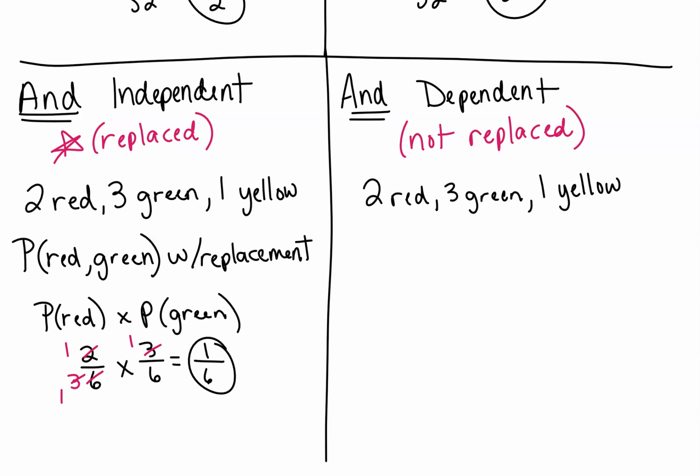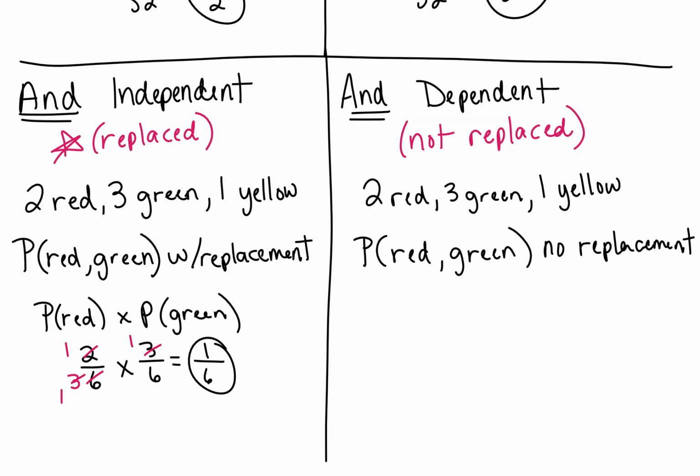Okay, dependent, we're going to do a probability. We're going to do the same thing, red and then green. But this time, we're not going to replace it. When we do these, we do the probability of red and then the probability of green after red.